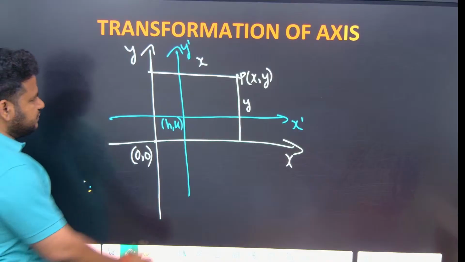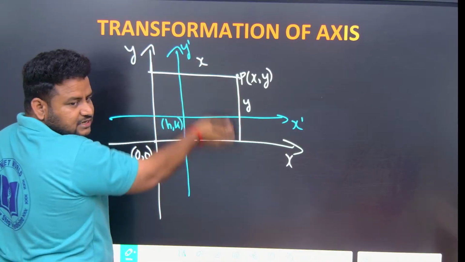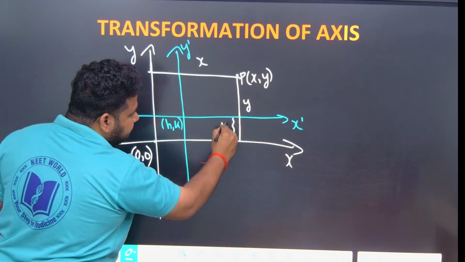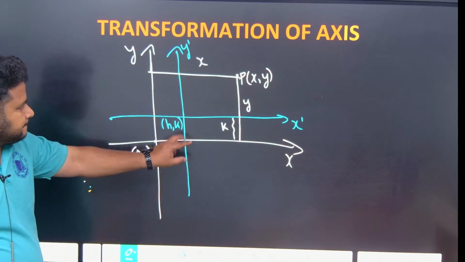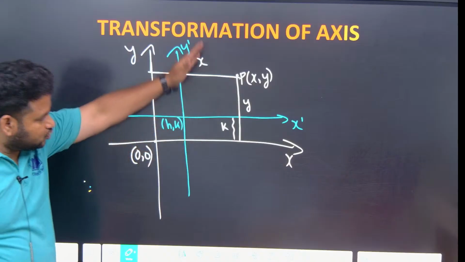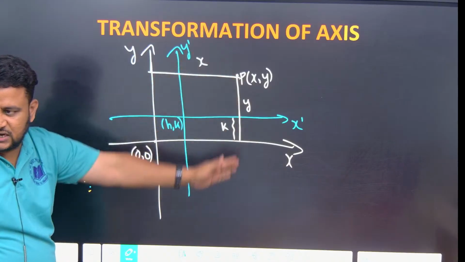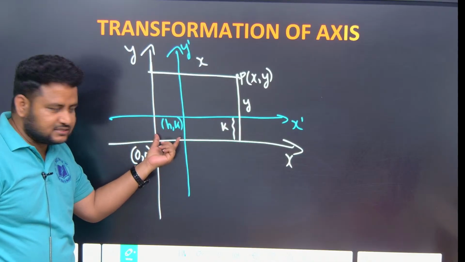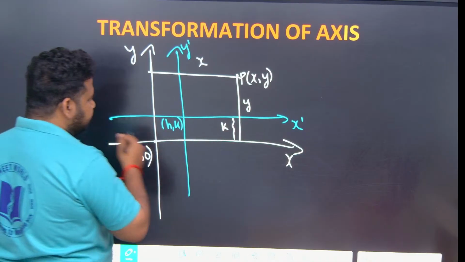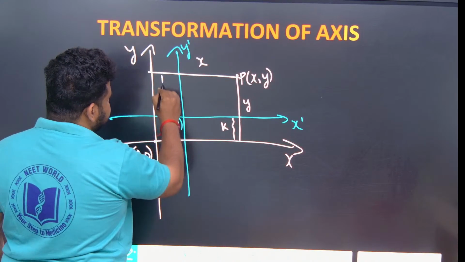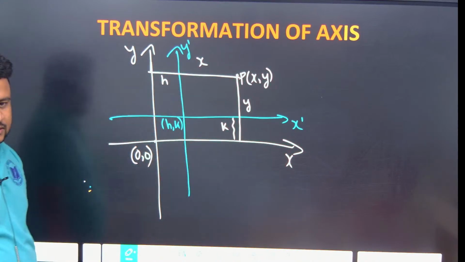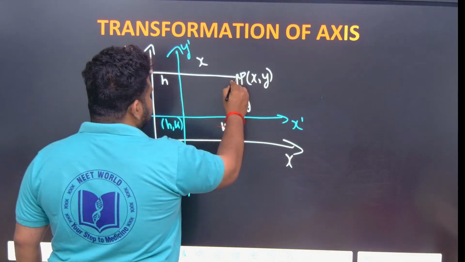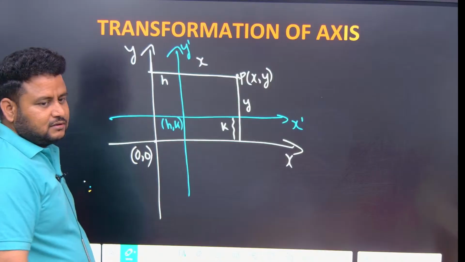Now out of this length y, this length is k, this small length is k, and this total length is y. This total length is x, and this small length is h, correct? Now we have this point P(x, y).